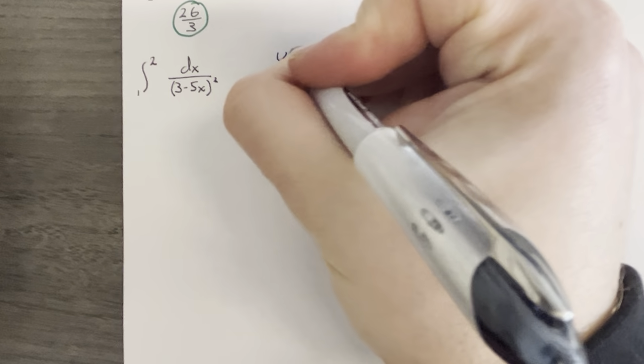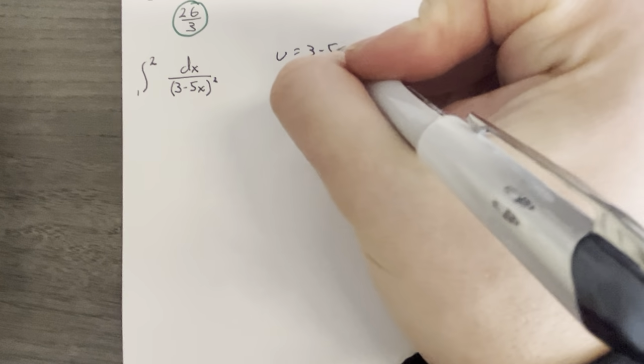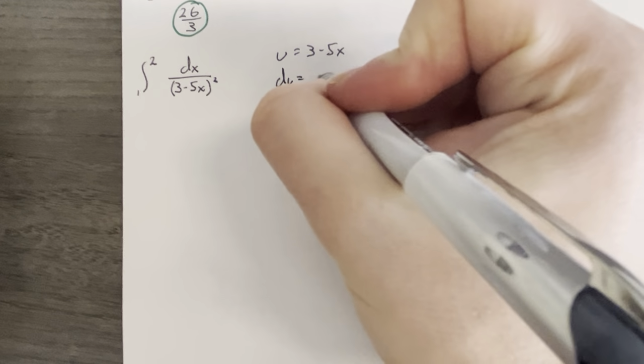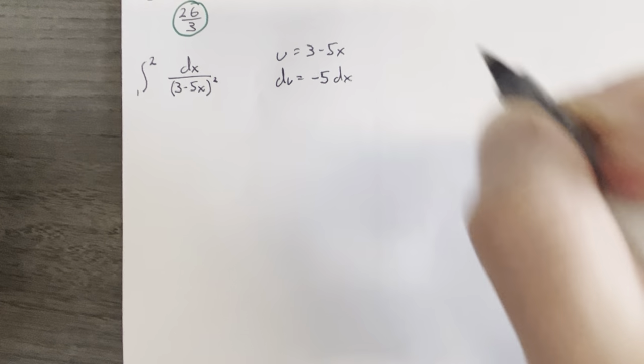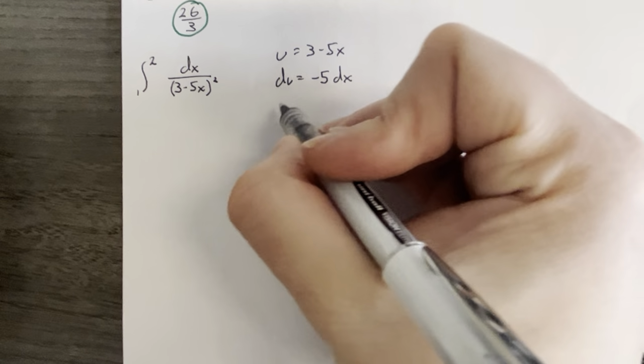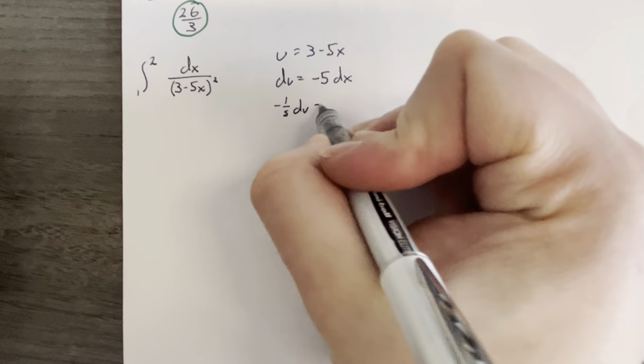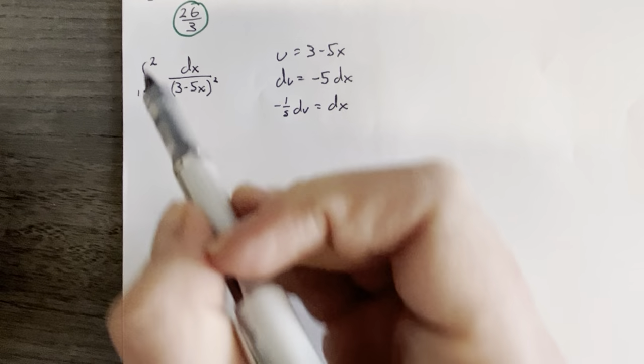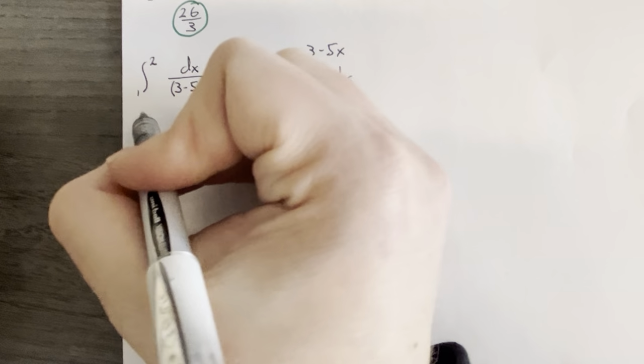So our u here will be 3 minus 5x. And maybe we can think of it like this. Okay, let's start reworking this over here.